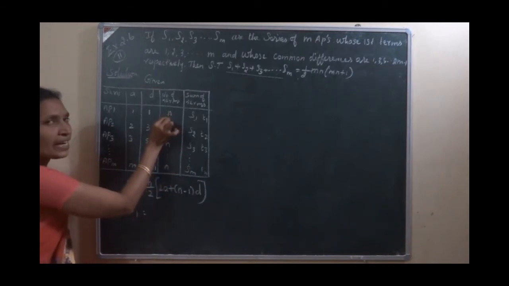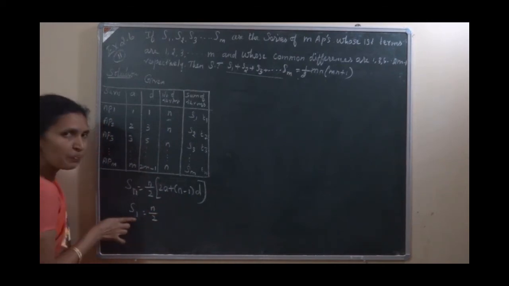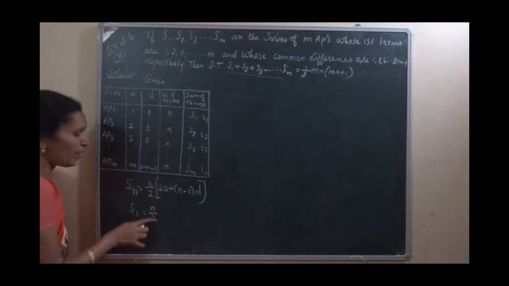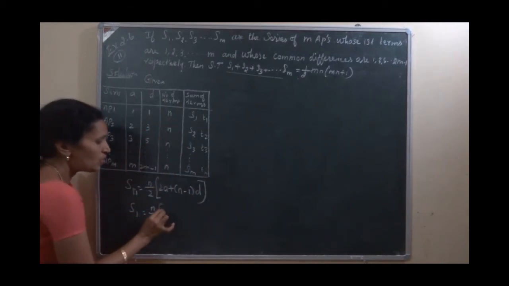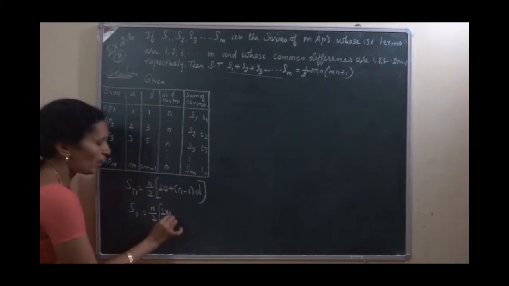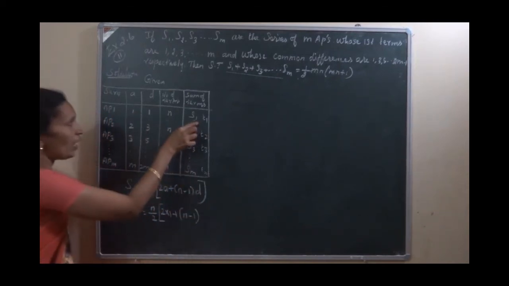Number of terms here n they given. So n by 2. No need to apply here 1. Clear? Number of terms in the question they given n terms. So n by 2 into 2 into a value 1, first term 1, plus (n minus 1) into d value.